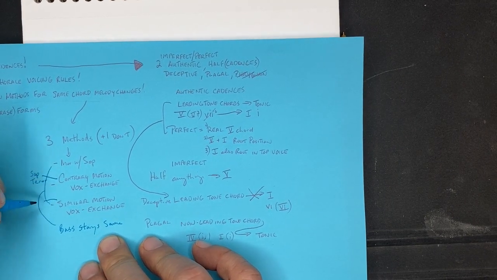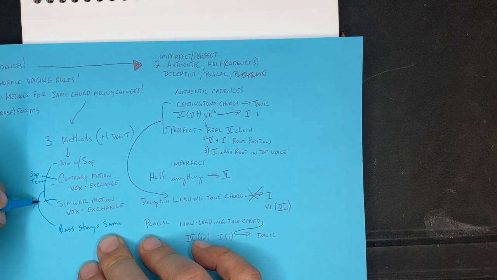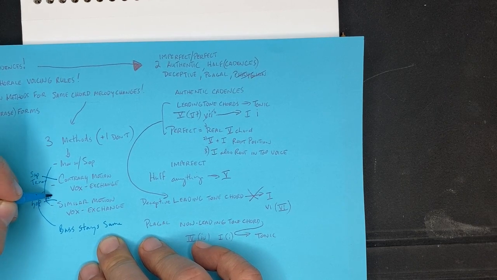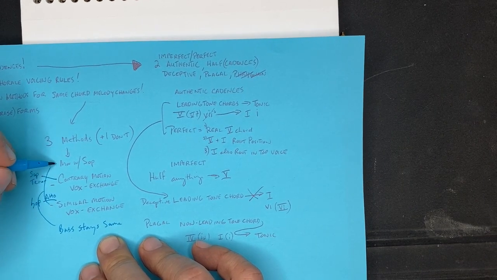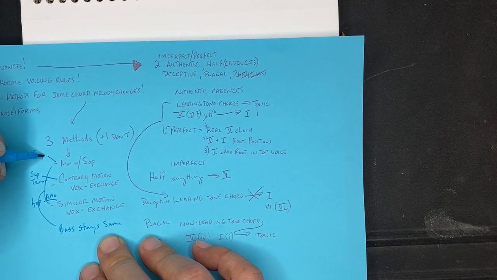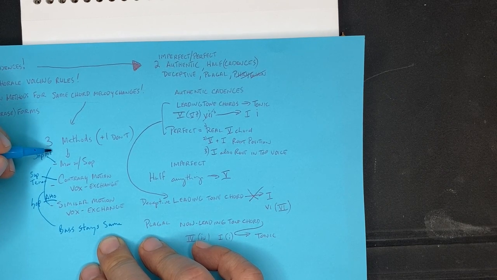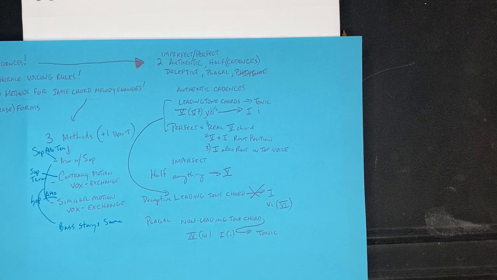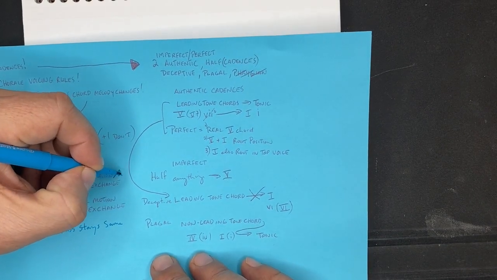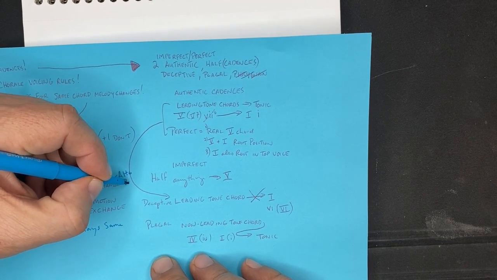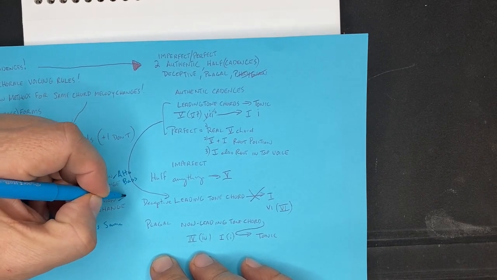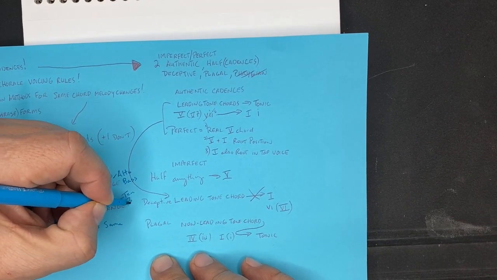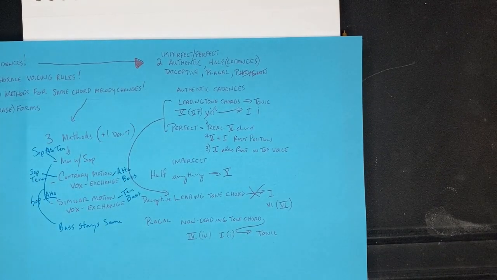And this one here is usually soprano and alto moving. And this one here, soprano, alto, and tenor are all moving, right? Or you could say, well, who's not moving? The alto and the bass are not moving. And this one here, the tenor and the bass are not moving, right?